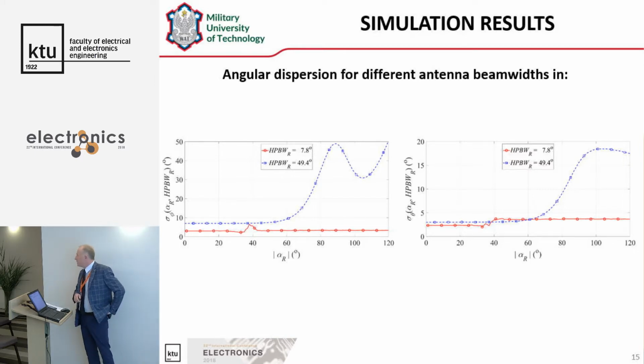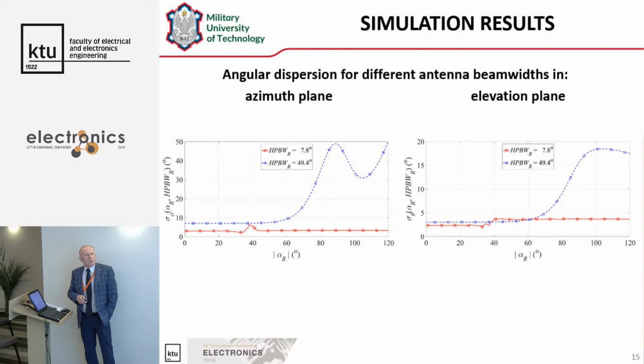Sigma is the angular spread standard deviation, and as a function of received angle, we can see that for the narrow bandwidth antenna there is no influence of spread, and for the wide bandwidth antenna we can see a big difference in comparison to the narrow antenna bandwidth. This is the characteristic in the azimuth plane and elevation plane.